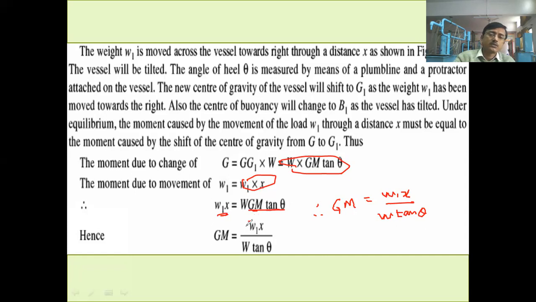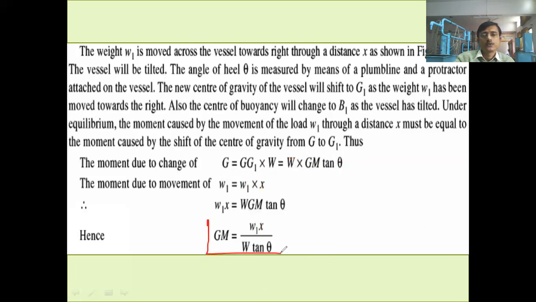It is the small weight that has been attached to that ship. What is this W? This W is the total weight including this W1. In the practical formula you might have written W plus W1 in brackets, meaning both weights are considered in W, and this angle tan theta. This is the formula that we have derived for finding the metacentric height.